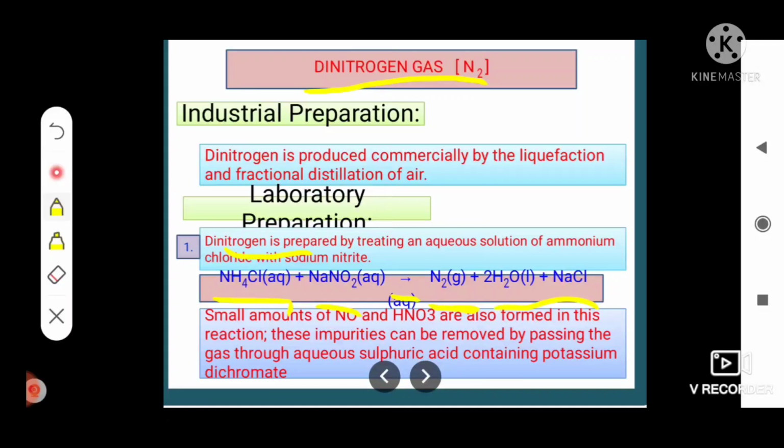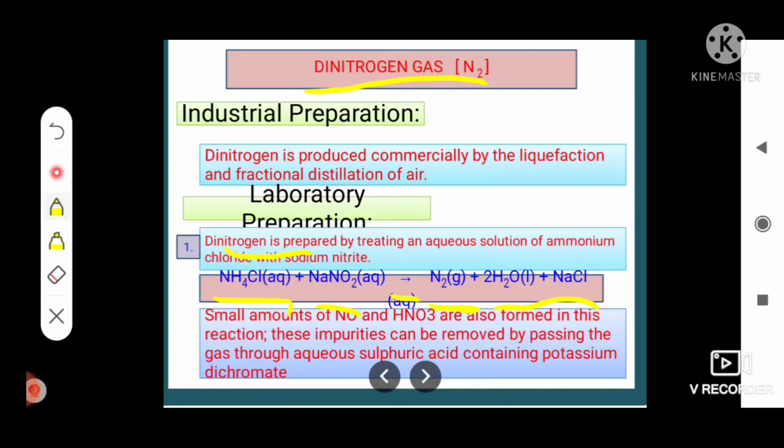During the reaction, small amounts of nitric oxide NO and nitric acid HNO3 are formed, and they are present as impurities.